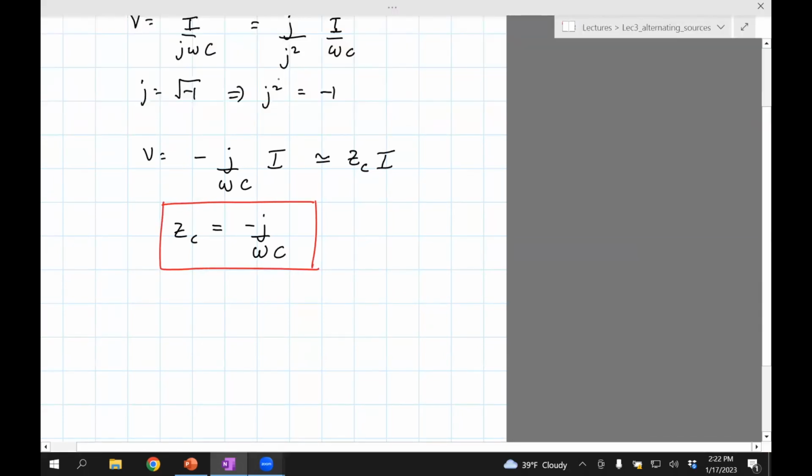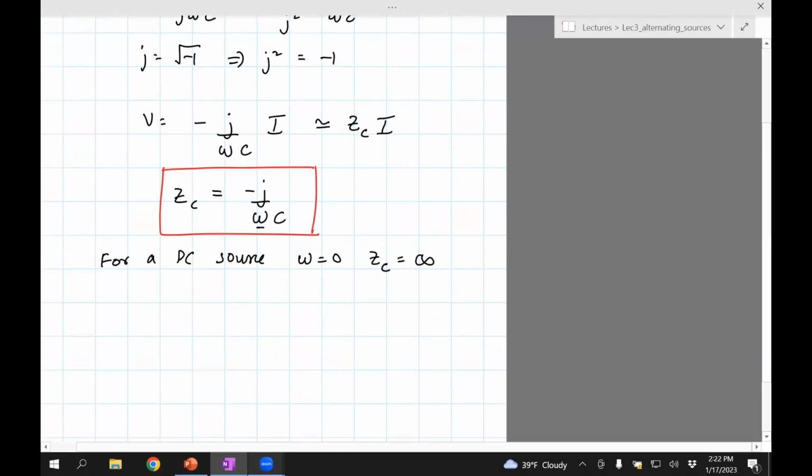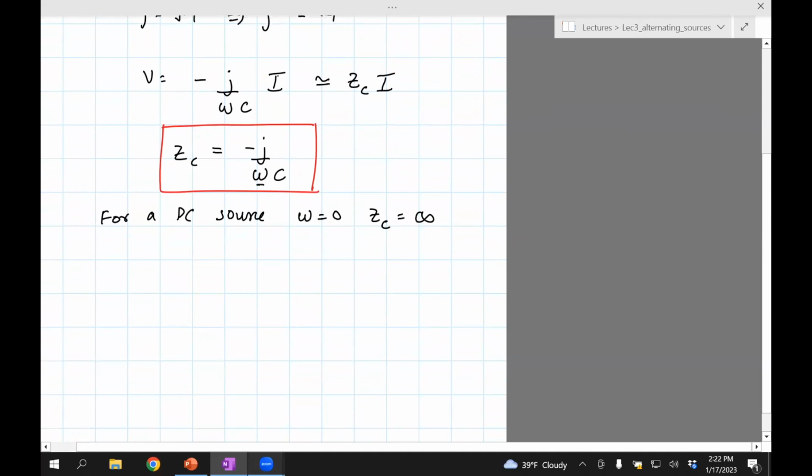Okay, now that we have this, we can look at the effect of connecting a capacitor to a DC source. For a DC source, omega equals 0, which means that ZC is equal to infinity. If you take a voltage source and connect it to a capacitor, this leads to an infinite resistance.